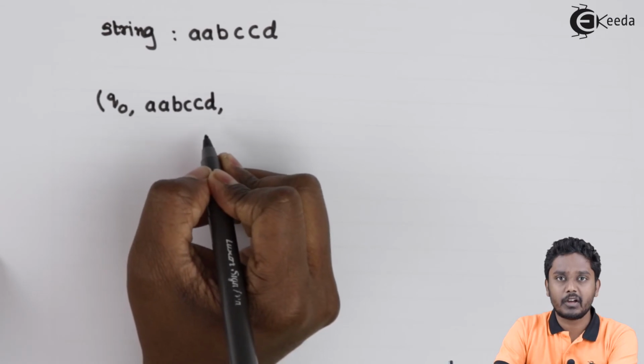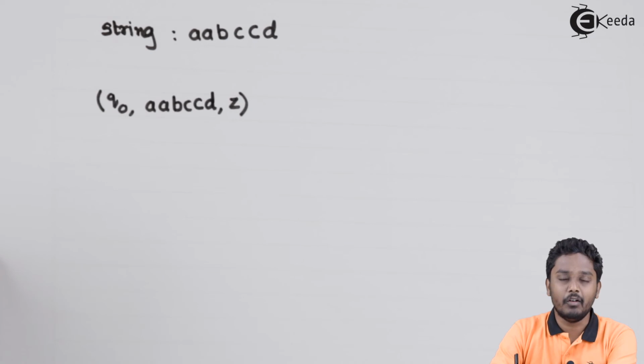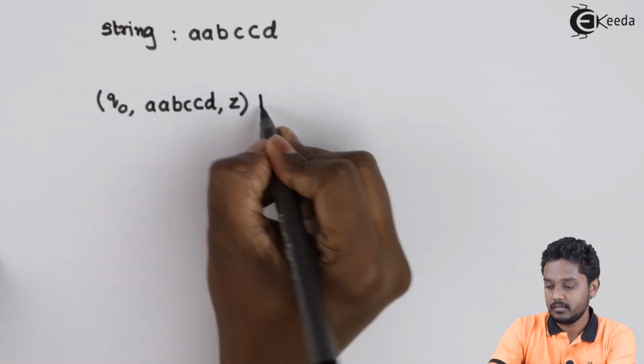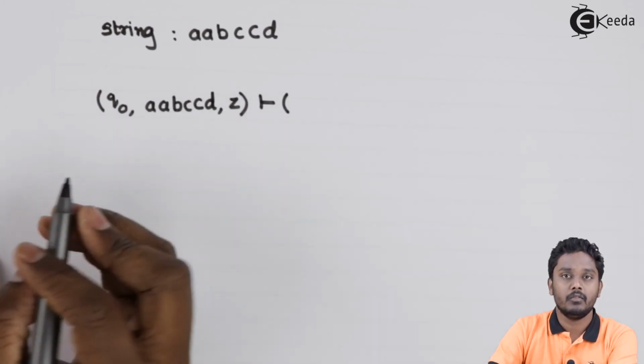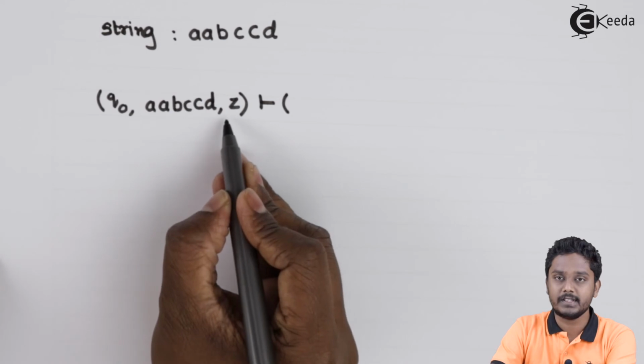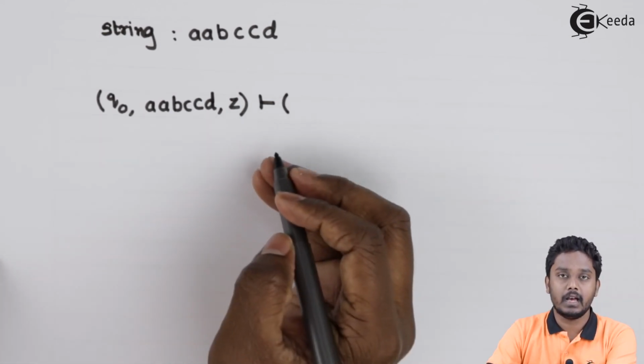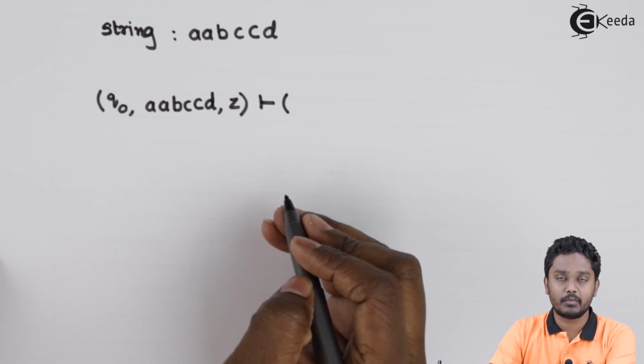Initially, the top of the stack would be Z. Now we will do the first transition. We need to check Q0 on A with Z. As we're using the first branch, we will have a transition to Q1.